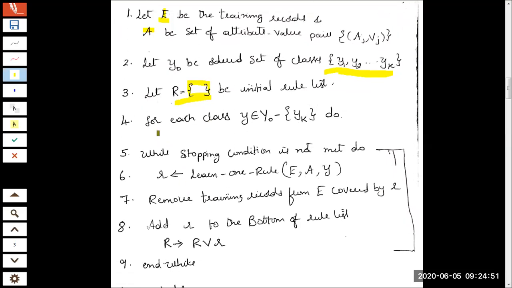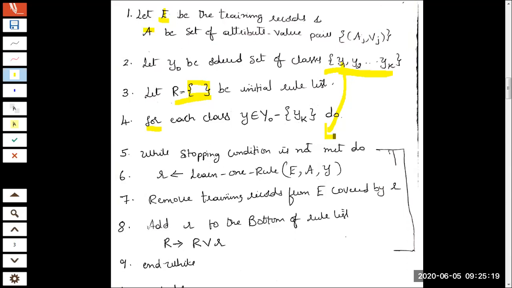Next, we entered into the for loop. What was happening in the for loop? Each and every class was taken. In the first iteration of the for loop, class y1 was taken. For class y1, what are the rules? Meaning, if you want to decide a record belongs to class y1, what are the rules it should satisfy, what are the instances it should trigger?